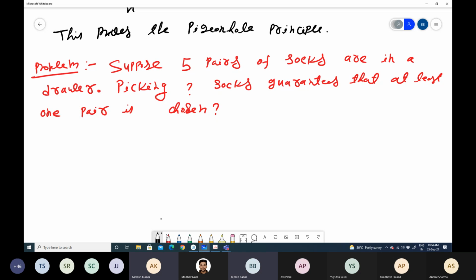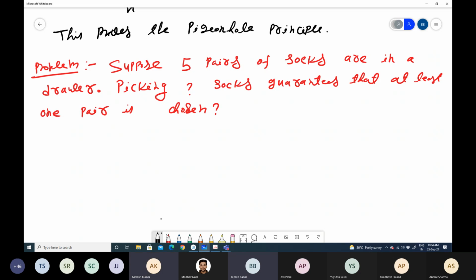No, you don't need to prove by contradiction. That's what I'm saying. Suppose if we ask you to prove it by pigeon principle, then you have to find the number of holes and the number of socks. Okay, sir. So here it is clear that the holes are 5 and the pigeons are 6, right?